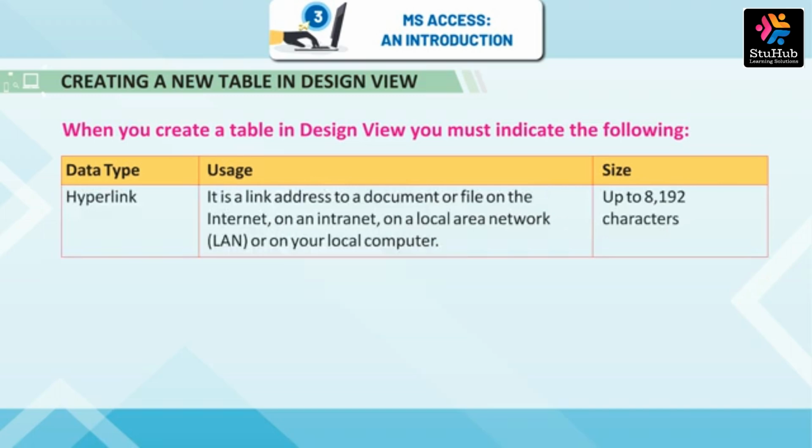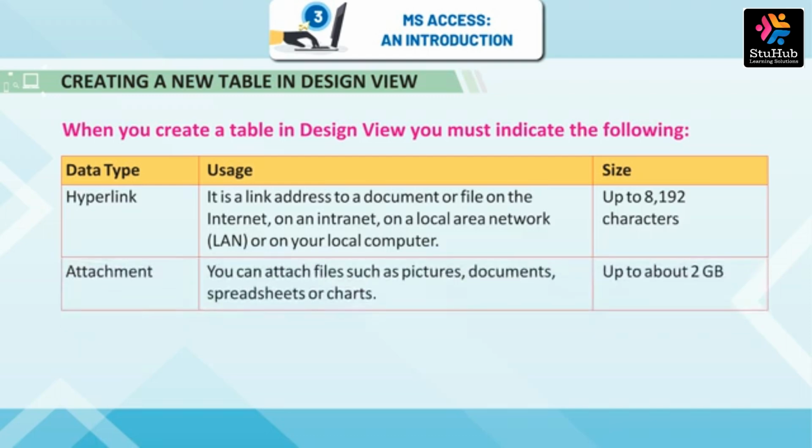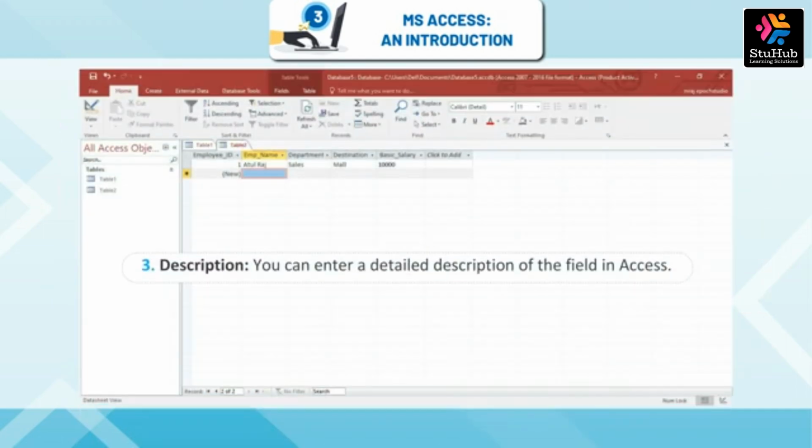Hyperlink: it is a link addressed to a document or file on the internet or an intranet, on a local area network, LAN, or on your local computer, up to 8,192 characters. Attachment: you can attach files such as pictures, documents, spreadsheets, or charts, up to about 2 GB. Description: you can enter a detailed description of the field in Access.